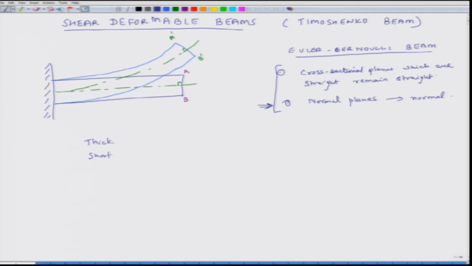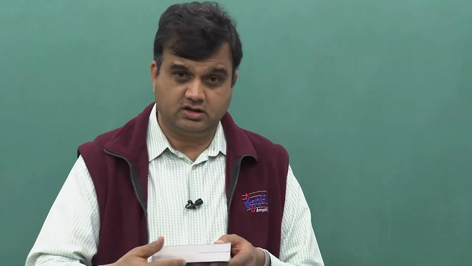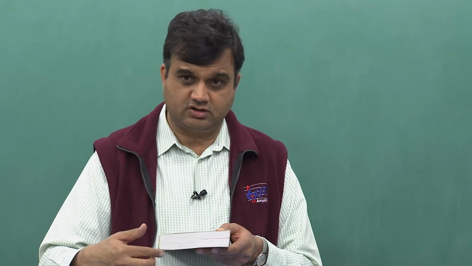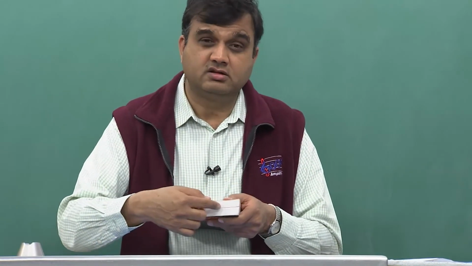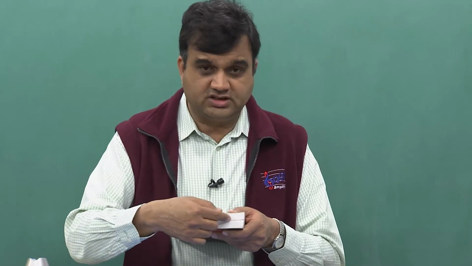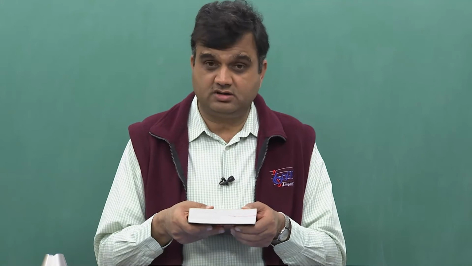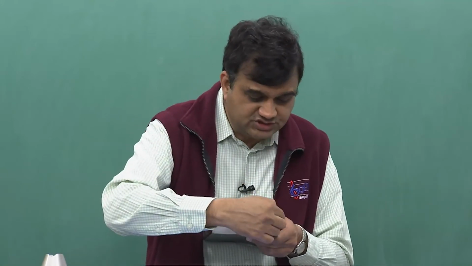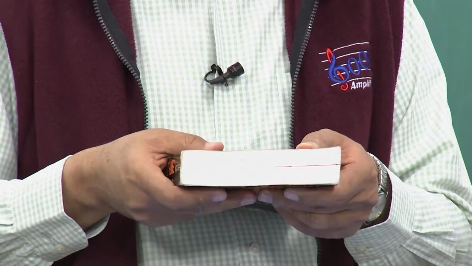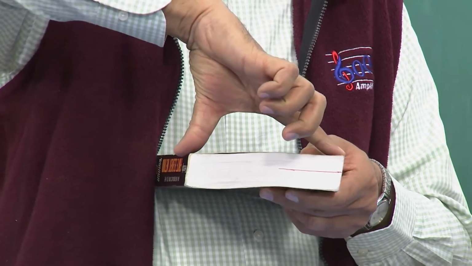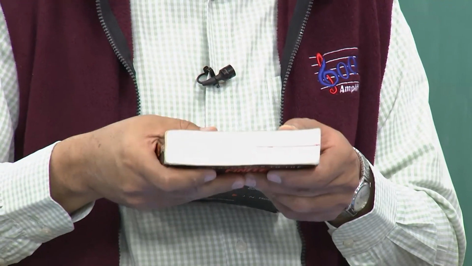We will consider this as a short beam and this is the cross section of it. I have made a red line that represents the mid plane of the beam, and the beam is straight. So, this edge of the beam is normal to the mid plane. Now, this is a relatively short beam, or you can also call it a thick beam, it does not matter.